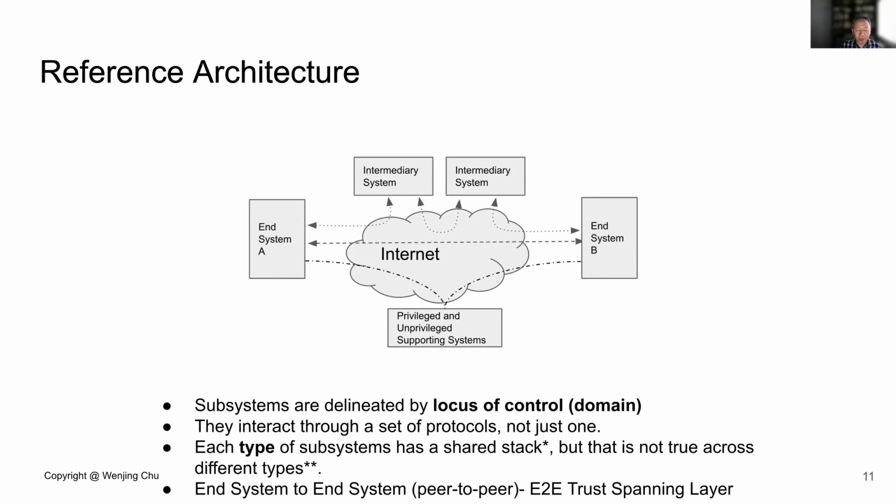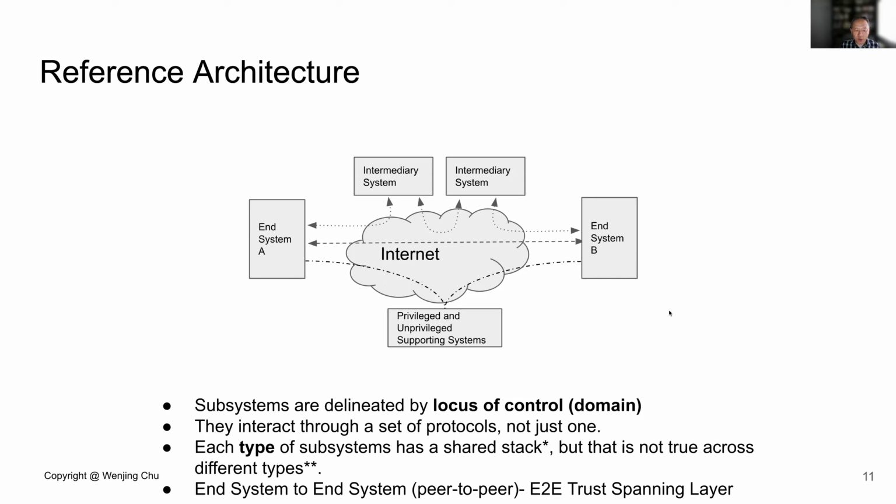And the key thing to understand here is that each type of system has a shared stack, right? So two end systems should have some shared stack architecture, but the stacks are not the same between an end system and a support system, or an end system and an intermediary system.